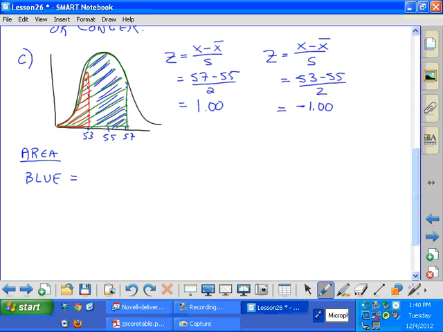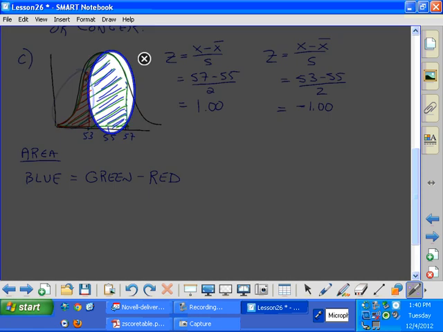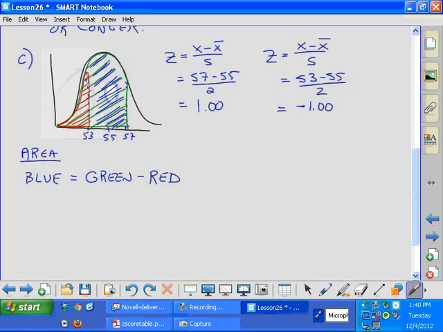Well, blue is equal to green minus red. So if I take away that red component right there, then I would be left with this area right there.